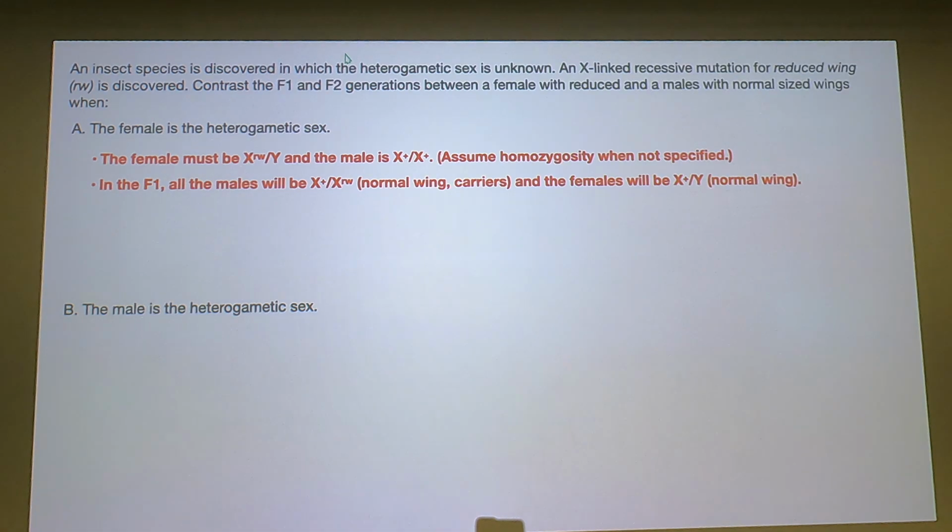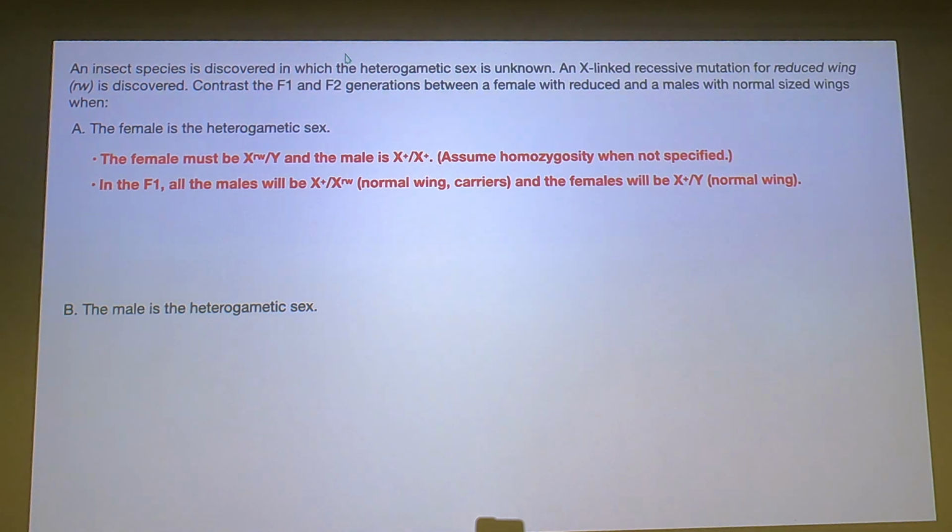Okay. So tell me, what are the F2s going to look like? So the F2s are going to cross this by this. Yes? Half the females are going to have normal wings, and the other half are going to have reduced wing. Okay, of the females, so we're starting with the females.